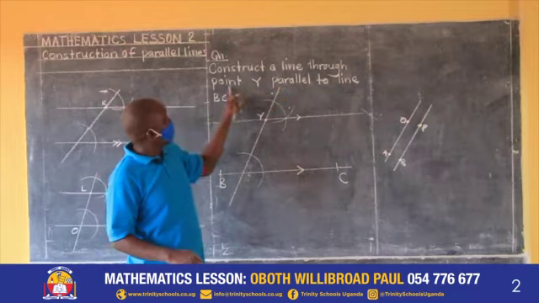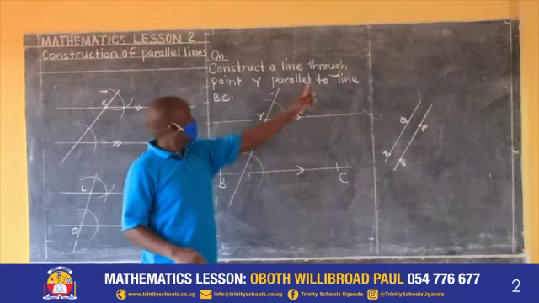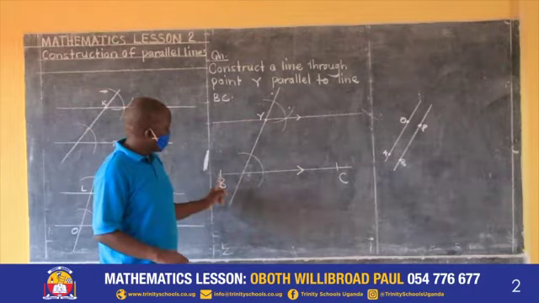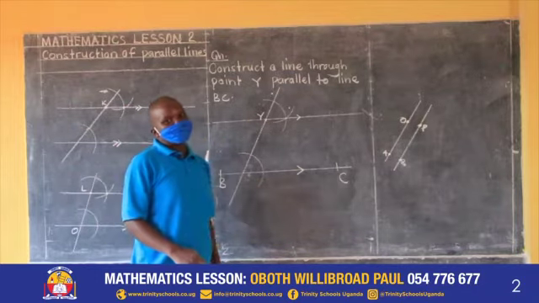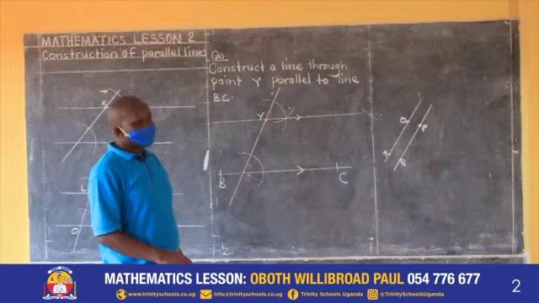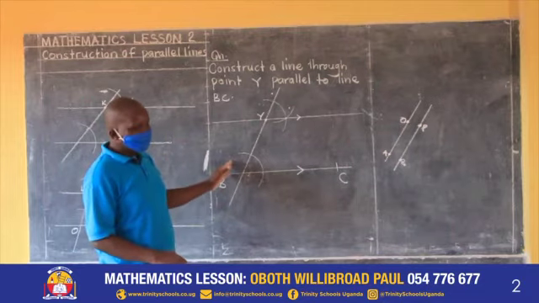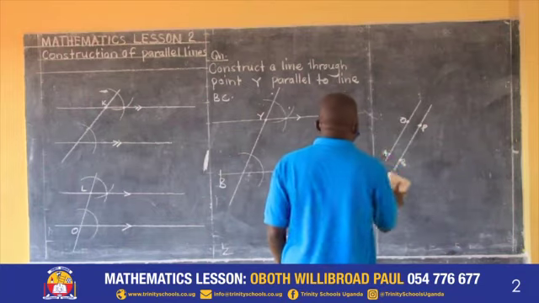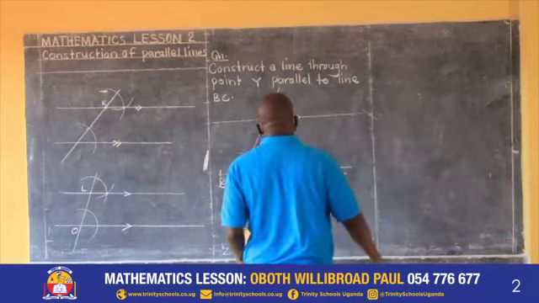Construct a line through point Y parallel to line BC. So the line is passing through this point, and it is parallel to line BC. We have constructed. Now someone will ask, supposing the line is drawn when it is slanting, what do I do?